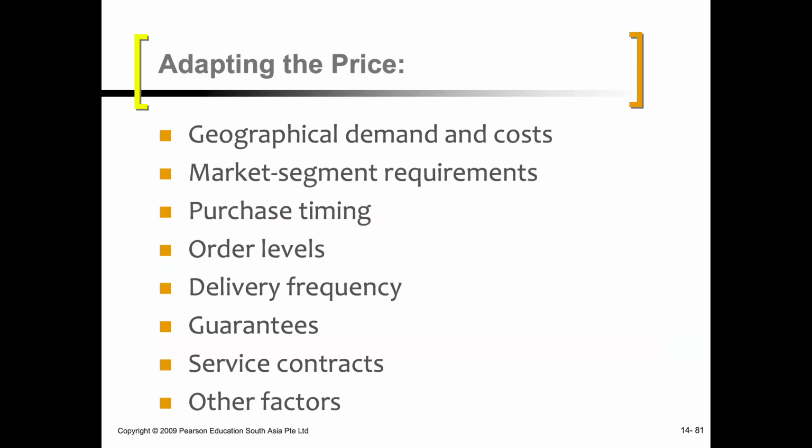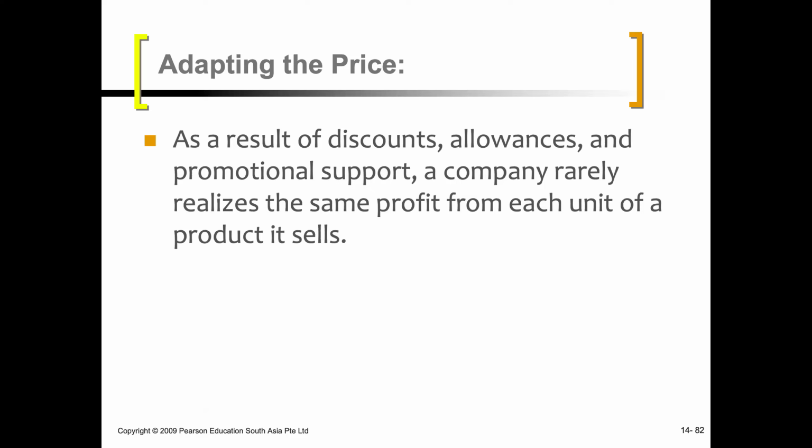Here are some factors that might affect adapting the price, including geographical demand and cost, market segment requirements, purchase timing, order levels, delivery frequency, guarantees, service contracts, and other factors as well. As a result of discounts, allowances, and promotional support, a company rarely realizes the same profit from each unit of a product it sells.